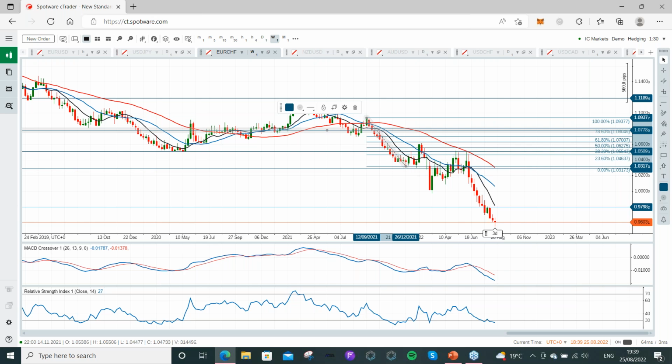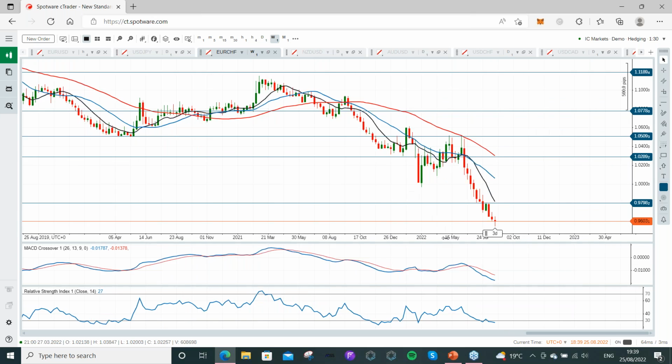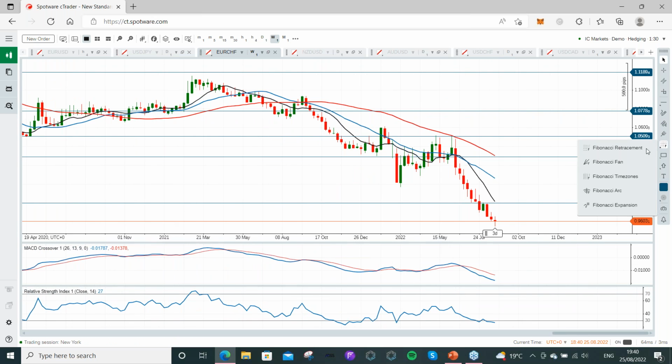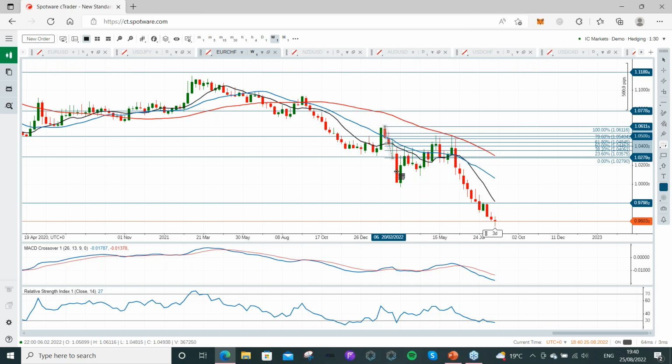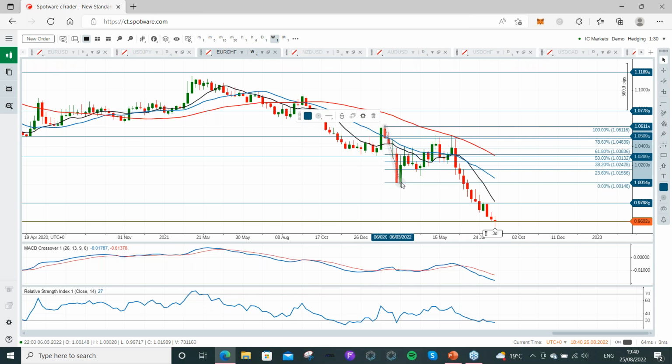But if we then look, let's remove that one, and if we then look at the next swing, from this high here down to this high here, that is actually a 78.6% retracement.